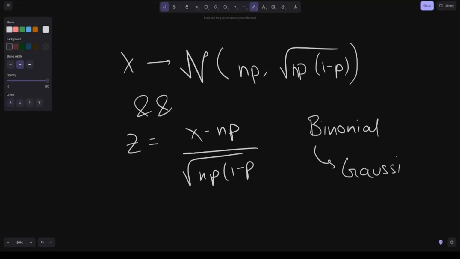Gaussian is basically normal, so basically a binomial curve becomes a Gaussian curve.